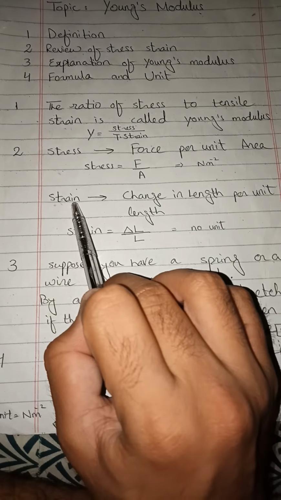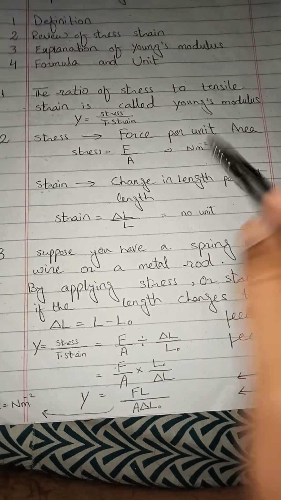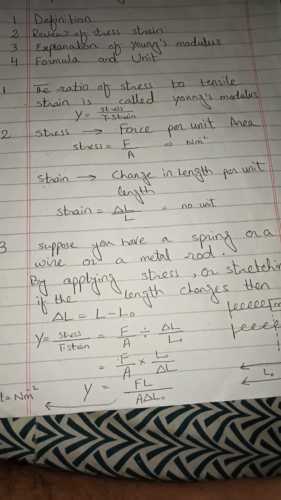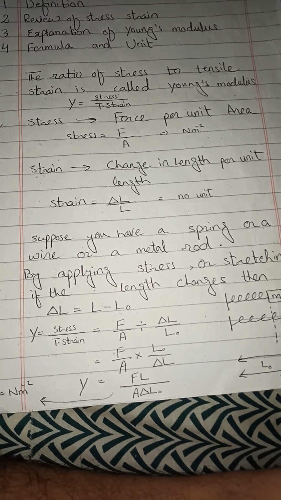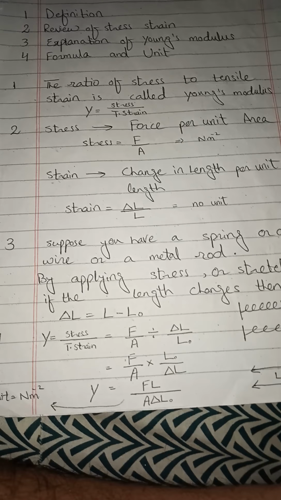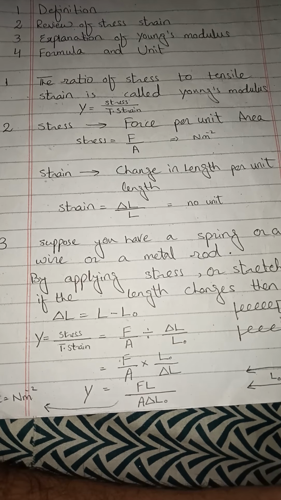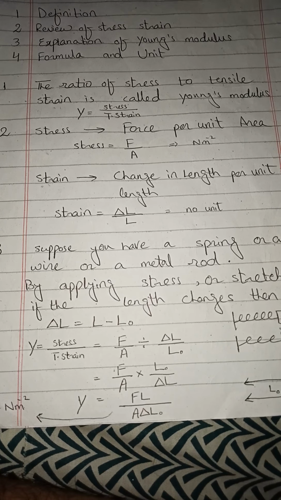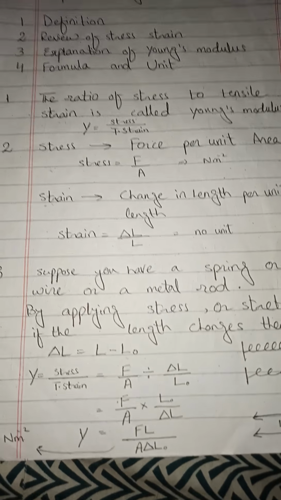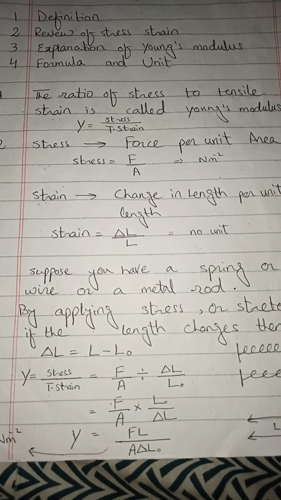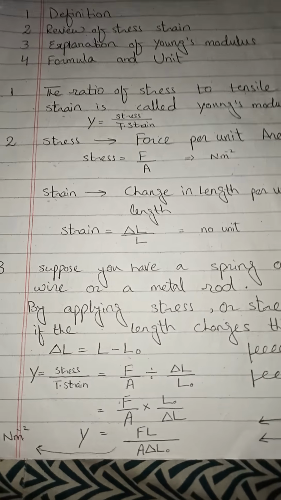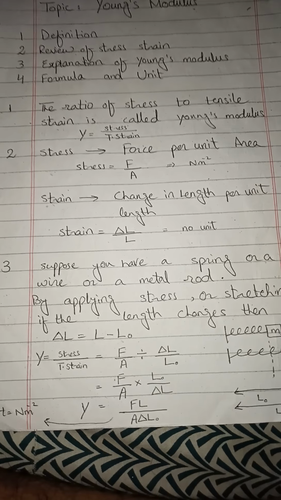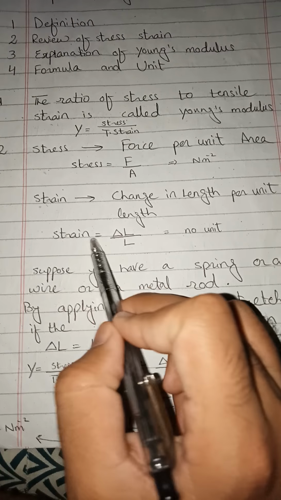What is strain? Strain is basically the change in length per unit length. If you have a length of a rod or a spring, say 5 centimeter or 5 meter, and you apply stress on it, stretching or compressing the spring, you will observe that the length of the spring changes. That stress which has changed the length produces deformation, and that deformation is the strain.